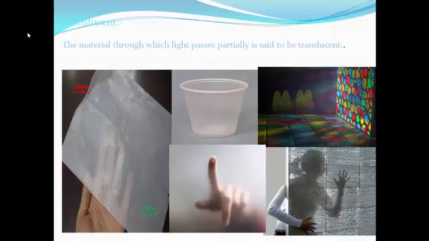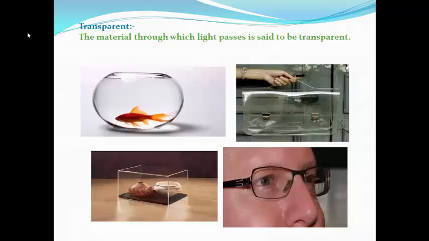Translucent. The material through which light passes partially is said to be translucent. As you can see, images are formed in these pictures, but they are not as clear as they can be. These are called translucent. The third one is transparent. The material through which light passes is said to be transparent. In that, you can see the proper picture of the object.